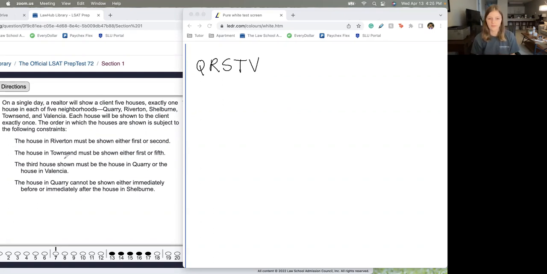In the rules, it doesn't specify house A, house B, or anything like that. So these are our variables, and we have to figure out when the realtor is going to show them to the client. That's how we know we're ordering them.